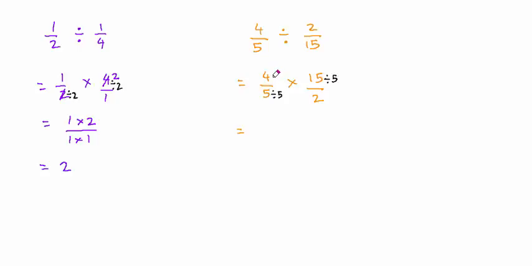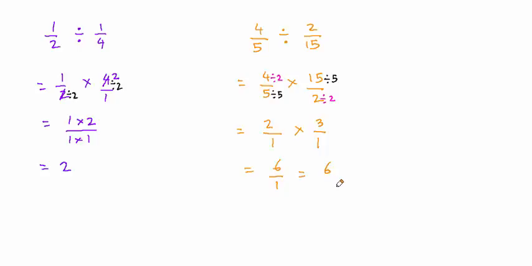And divide 4 with 2 and 2 with 2. So that we have 4 divided by 2 is 2 on the top, 5 divided by 5 is 1, times 15 divided by 5 is 3, and 2 divided by 2 is 1. So this is equal to 2 times 3, that's a 6, over 1, 1 times 1, so that is equal to 6.